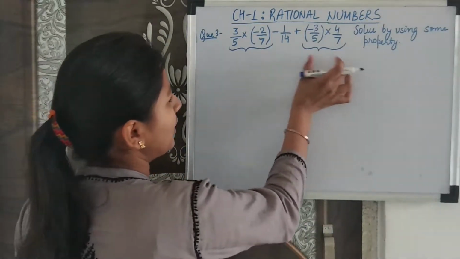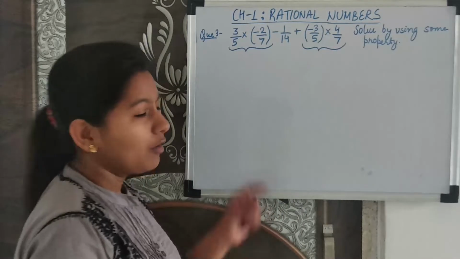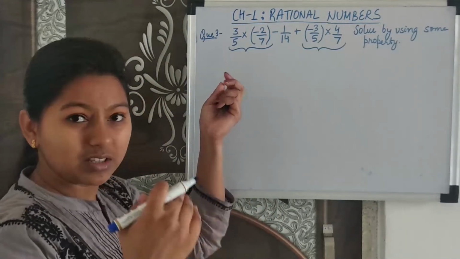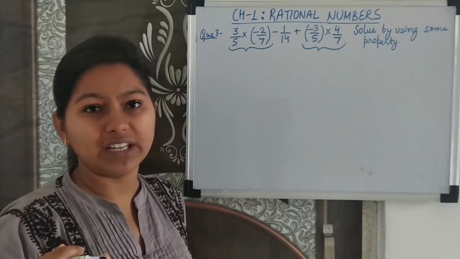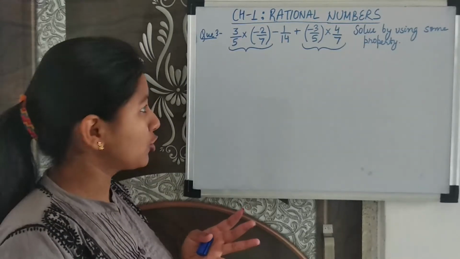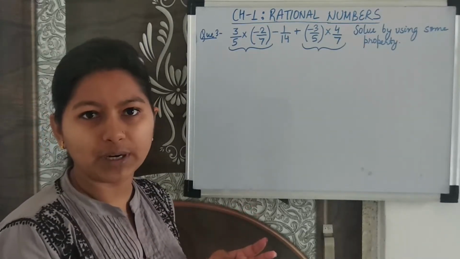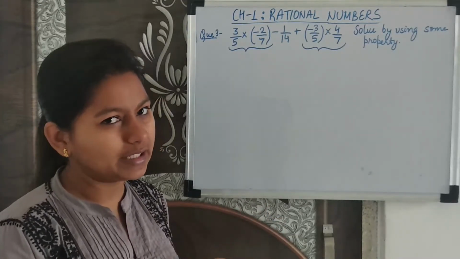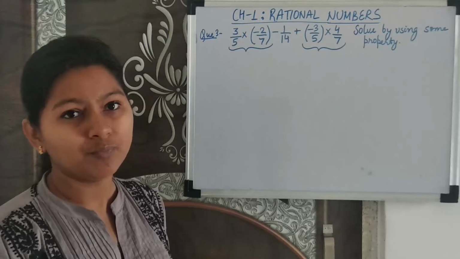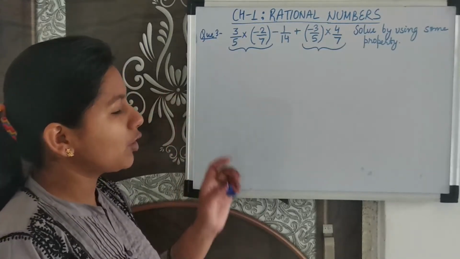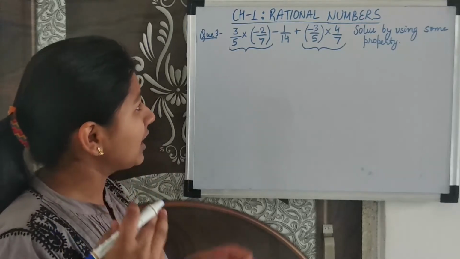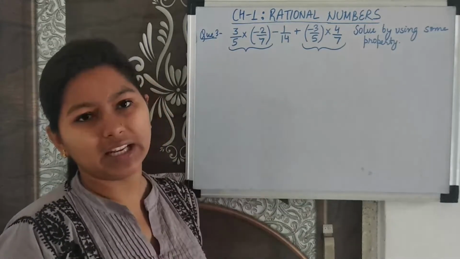So these are two multiplicative pairs with 3 by 5. Now recall all those properties we discussed: closure property, commutative property, associative property, distributive property, additive identity, and multiplicative identity, and think about which property we can apply.